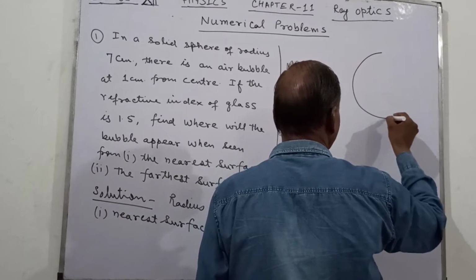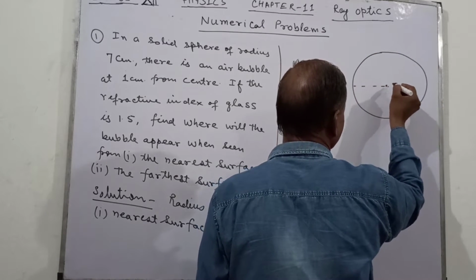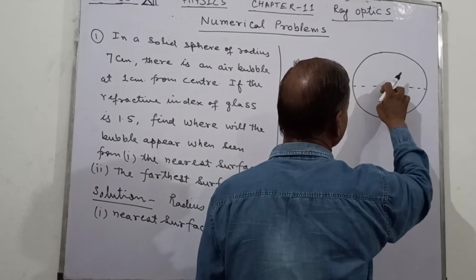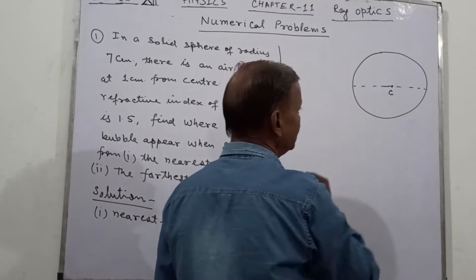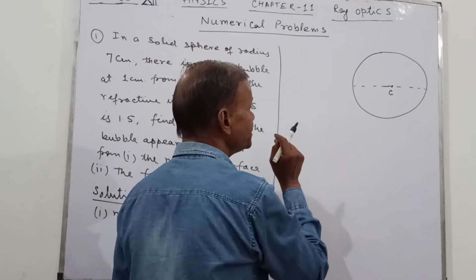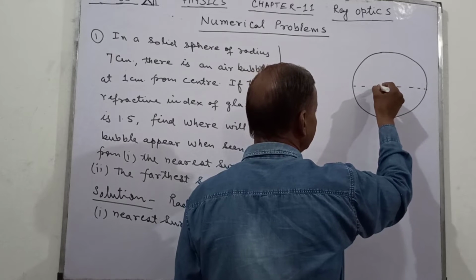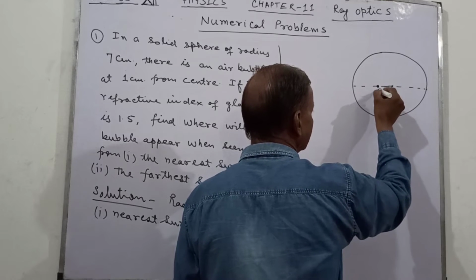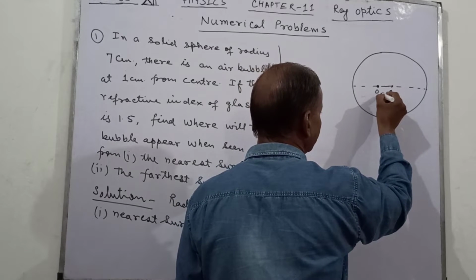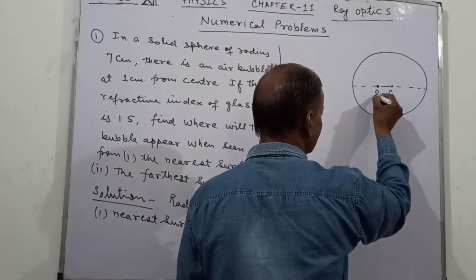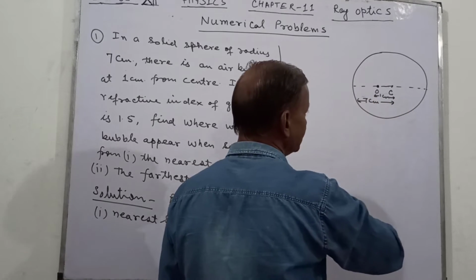This is now a solid sphere. This is the center, the center of curvature. This is 7 centimeter. And the bubble is at this point. This is the object, the bubble. So this is 1 centimeter, and this is 7 centimeter.